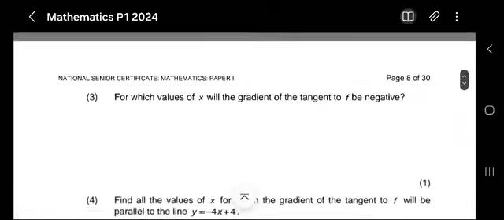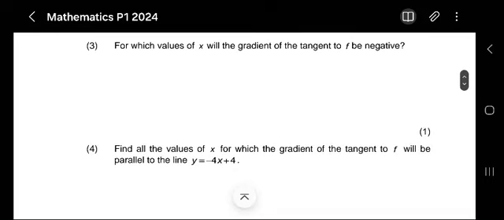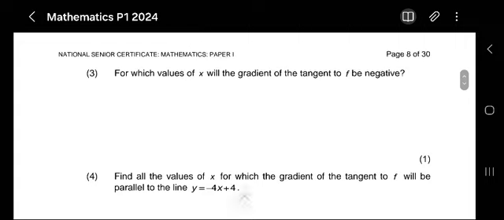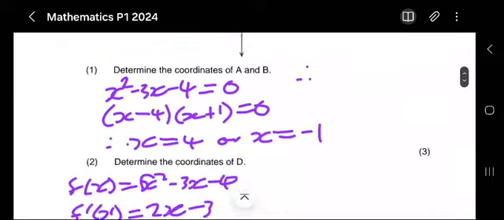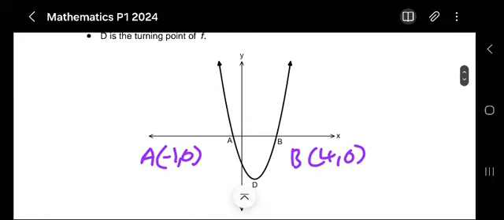So number 3, for which values of x will the gradient of the tangent to the graph f be negative? Okay, it's a negative gradient. It's where the graph is decreasing.